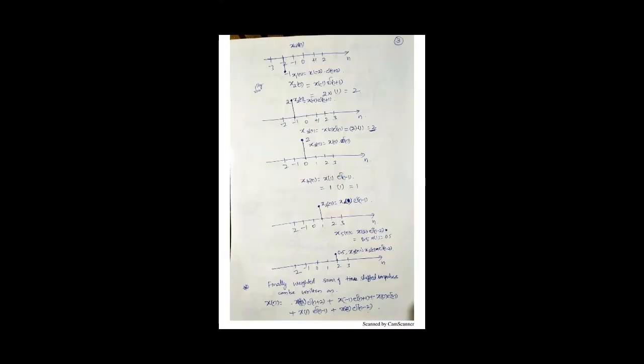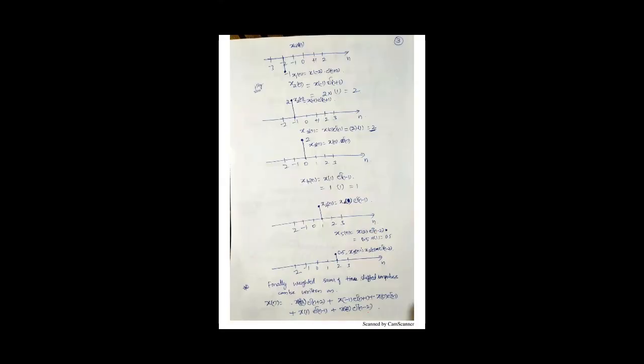Call this equation number 1. Remember this equation always. In this case it is minus 2 to plus 2 because your signal starts from minus 2 and ends at plus 2. If it is minus 3 to plus 3, it is k is equal to minus 3 to plus 3. Since in general I am taking this as minus infinity to plus infinity, remember these equations finally.